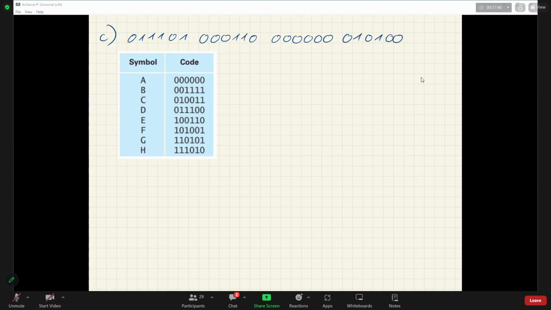Now I'm starting with the first pattern that we have, 0, and comparing with each possible bit pattern.